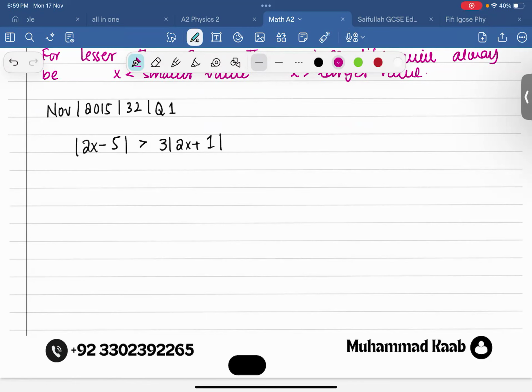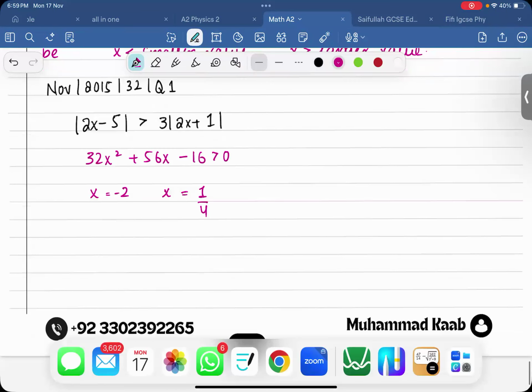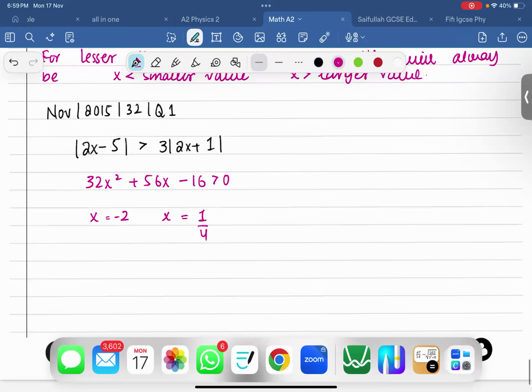The quadratic one? 32x squared plus 56x minus 16. I didn't simplify it. Okay, fine. So from that you are getting x as -2 and x as 1 over 4.